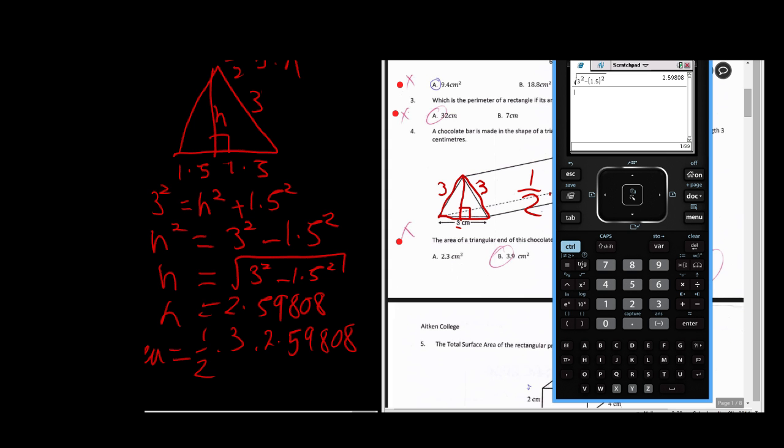So 0.5 multiplied by 3 multiplied by 2.59808 is 3.897. So as you can see, we didn't get an exact answer, but in this case there's a rounding, so 3.9 is the closest answer we can give.